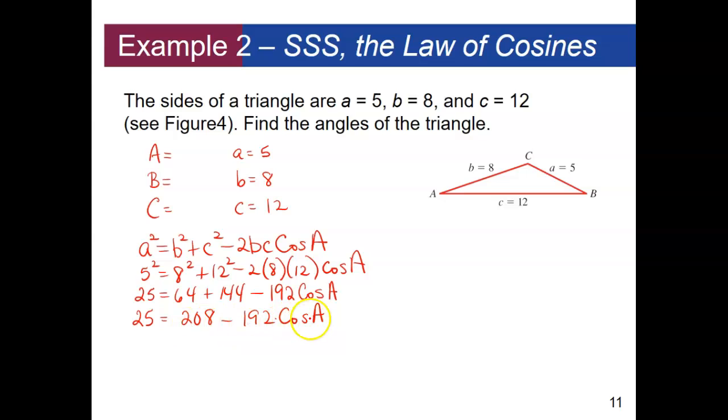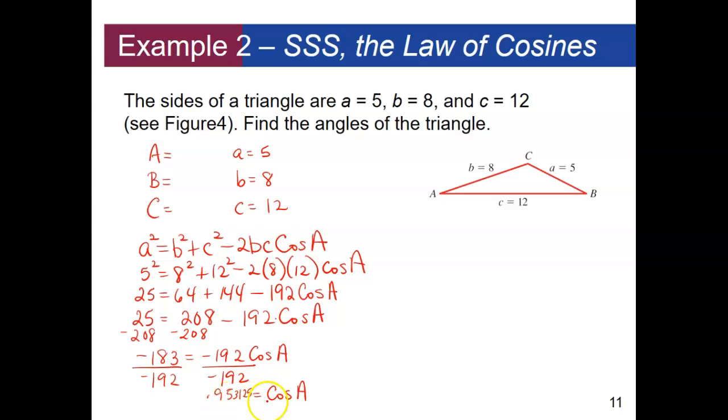So if I'm left to solve this for A, the first thing I want to do is to take the 208 to the other side. When I do that, I get negative 183. I'm going to divide by negative 192. So my cosine of angle A is 0.95312.